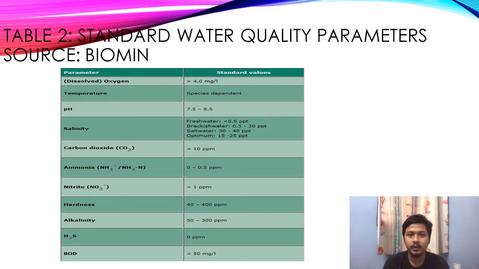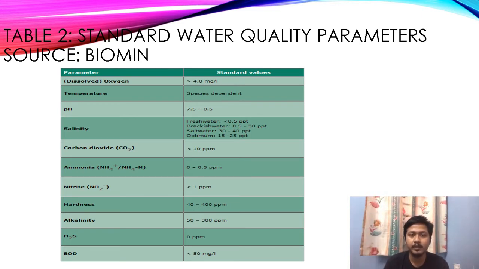This is a table for the standard quality parameters. For dissolved oxygen, the standard value is more than 4.0 mg per liter. For the temperature, it is specific and dependent. For the pH, 7.5 to 8.5.